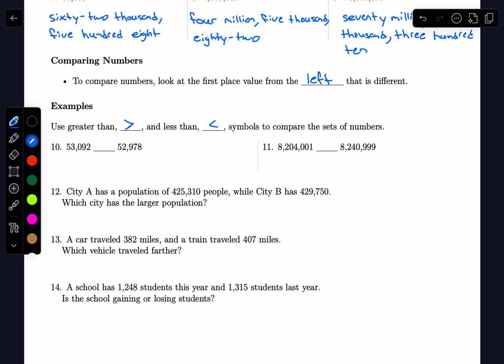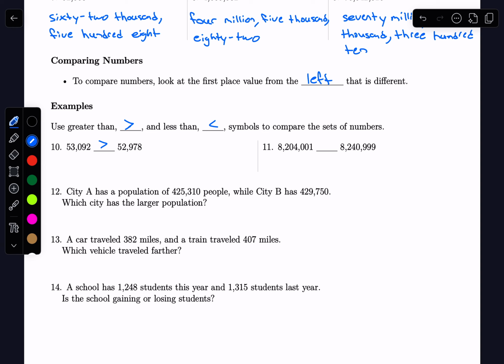If we say these numbers out loud, hopefully it's not too hard. We have 53,092 and we're comparing it to 52,978. So by saying them out loud, 53,000 versus 52,000, hopefully you see that 3 is bigger than 2. So we are going to have this as 53,000 is bigger.